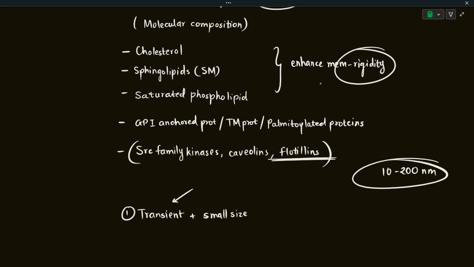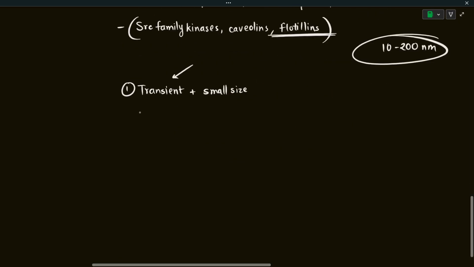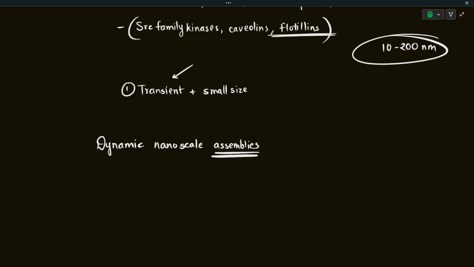So when you say lipid raft, it doesn't actually mention a biophysical entity, and that is why they were redefined as dynamic nanoscale assemblies. They were redefined as dynamic nanoscale because they range from 10 to 200 nanometers. And assemblies, because the composition is not clear.